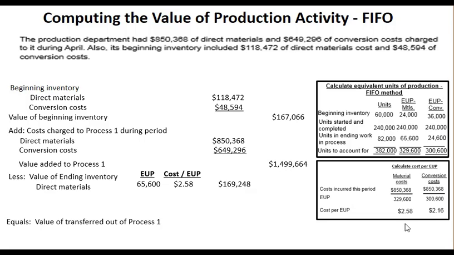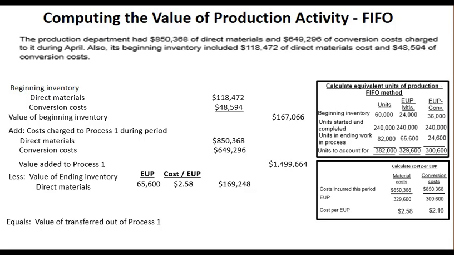Now for direct materials, I know the cost per EUP is $2.58 per unit of effort. So I insert that there. I also know that if I look at my equivalent units of production chart, under EUP for materials, I go down to the second to the bottom line and locate the units in ending work in process.